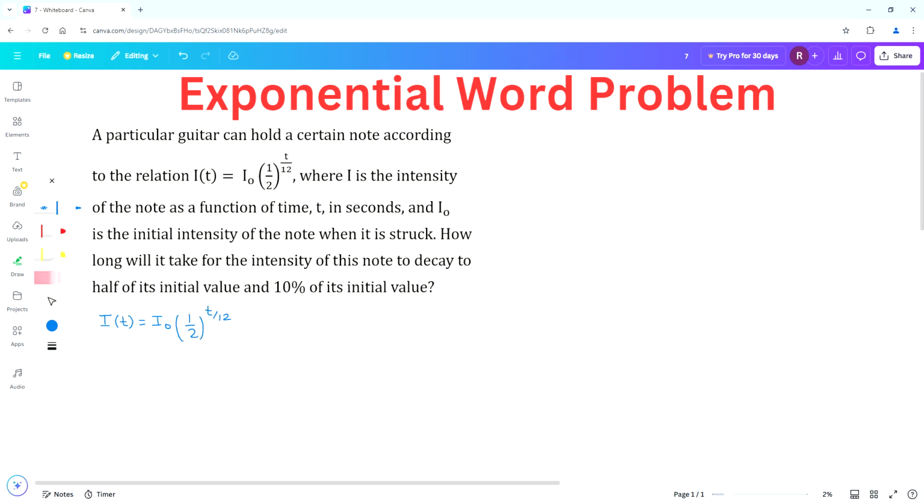We are not given the initial intensity of the note. To solve this problem, we can assume a value for the initial intensity of the note because in this problem, we have to find the times at which the intensity of the note will be half of its initial value and 10% of its initial value. Let's assume the initial intensity of the note is 100.